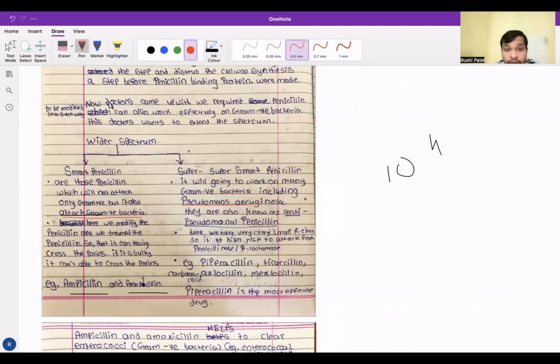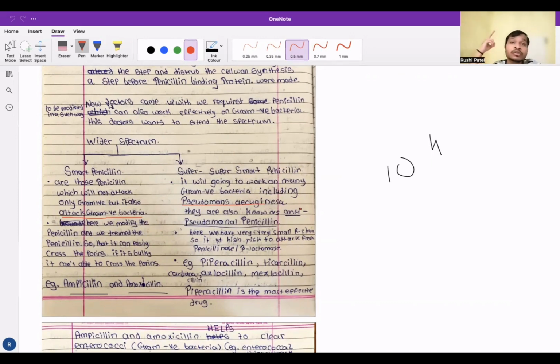They are also known as anti-pseudomonal penicillins. Why? Because the diameter is too small, they are designed for Pseudomonas. Here we have a very small R chain, because we came from 10 to 4, and from 4 to 2 molecules, cutting down the R side chain.